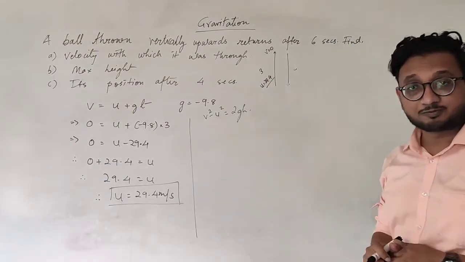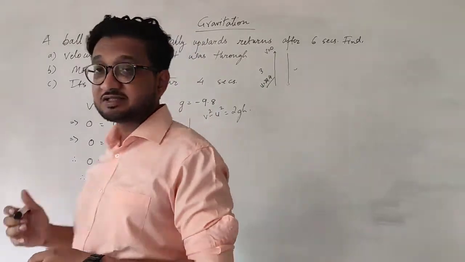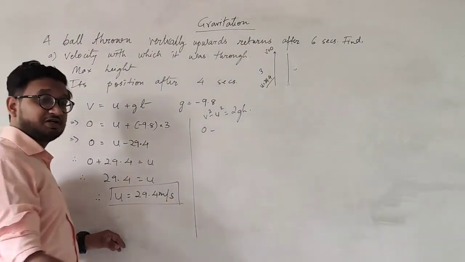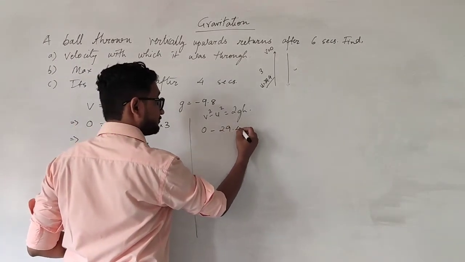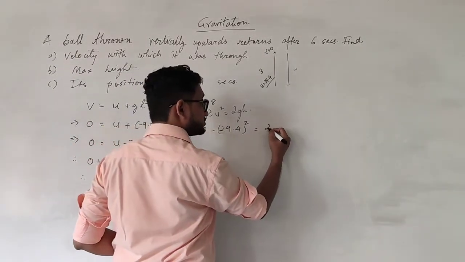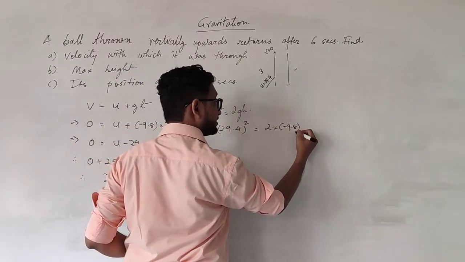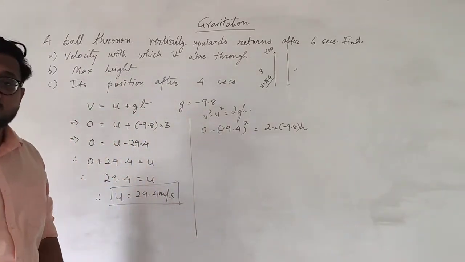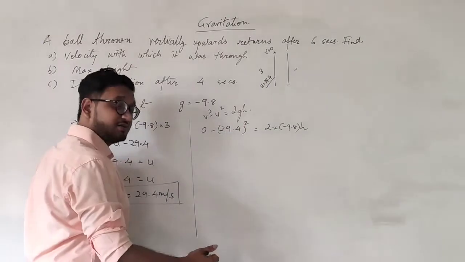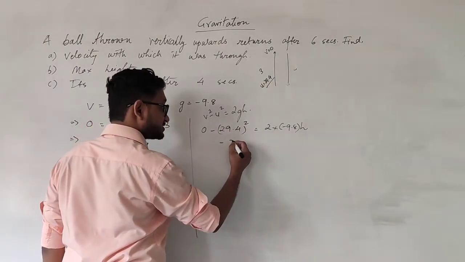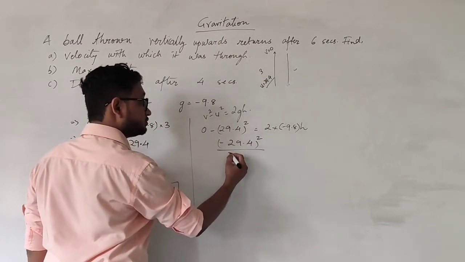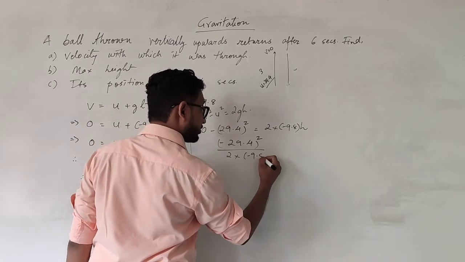V is 0. 0 minus u square, where u is 29.4, so 29.4 whole square, equals 2 into minus 9.8, and height, we need to find the height, that is h. Simply 0 minus any number is the number itself, so I have minus 29.4 whole square upon 2 into minus 9.8.